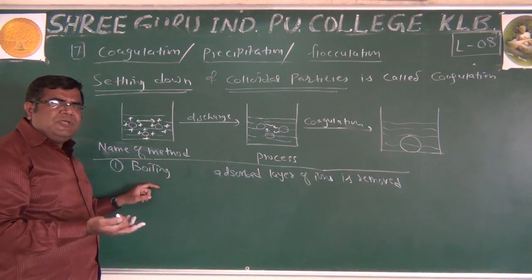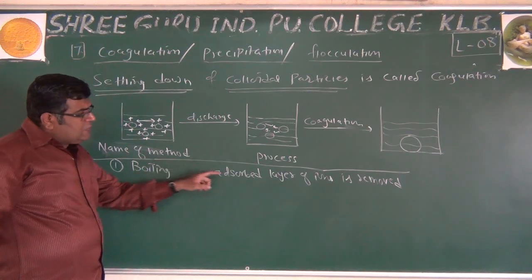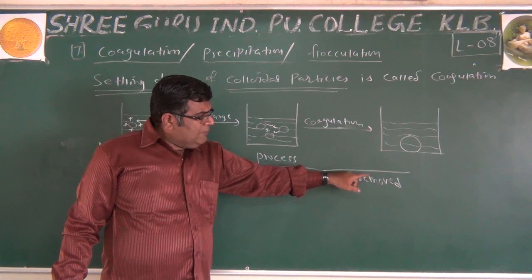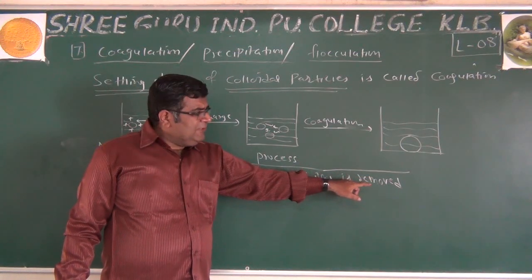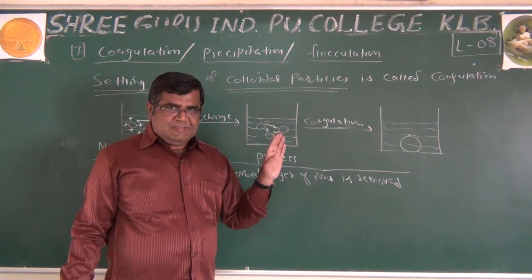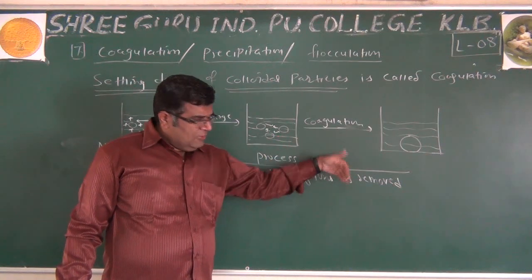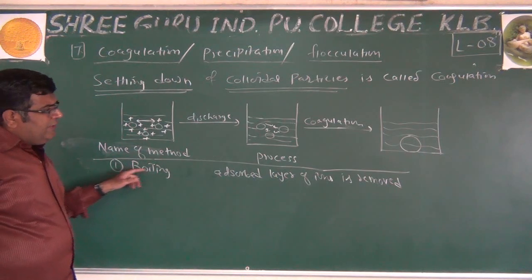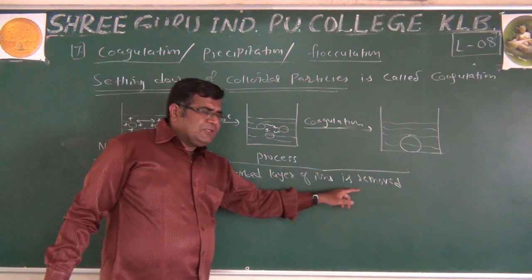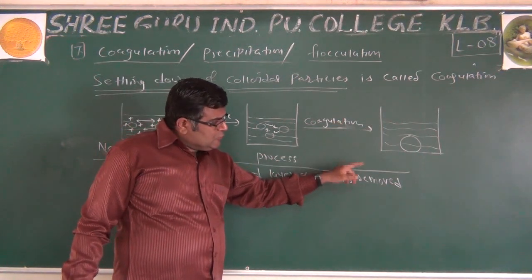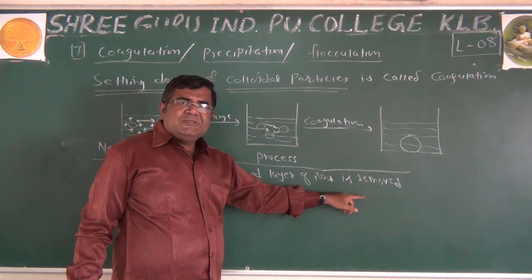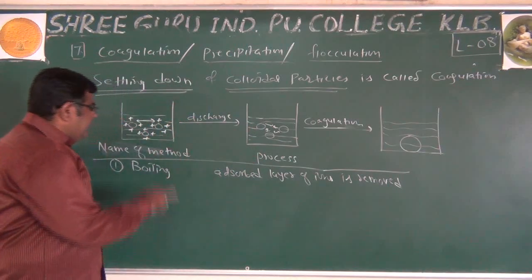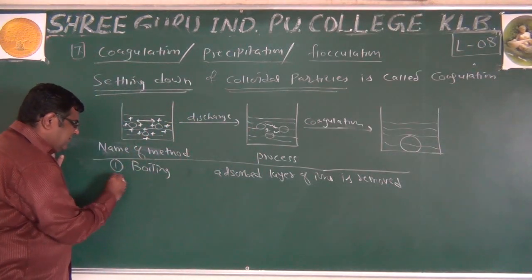In coagulation, we expect that only. The adsorbed layer of ions is removed, the colloid becomes unstable and gets coagulated like that. By boiling, the adsorbed layer of ions is removed. The colloidal solution becomes unstable. Colloids get coagulated. So the first method is boiling.